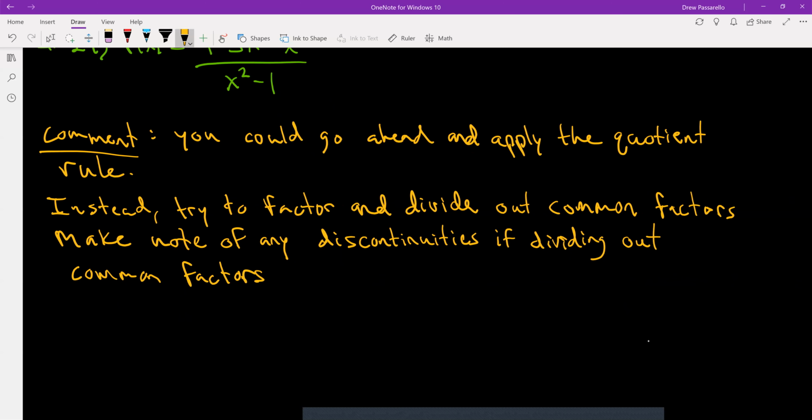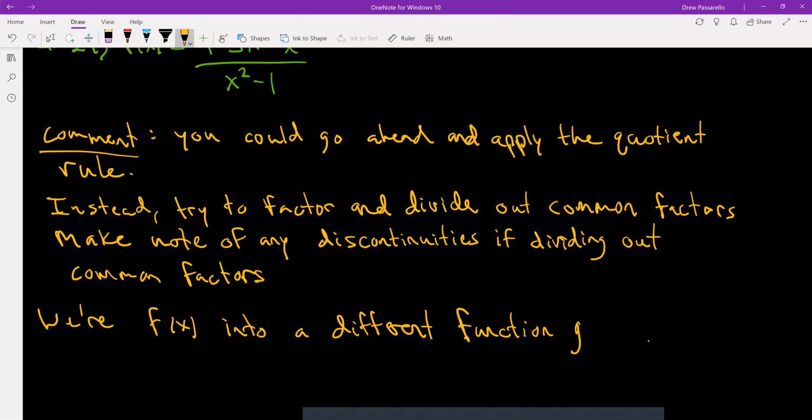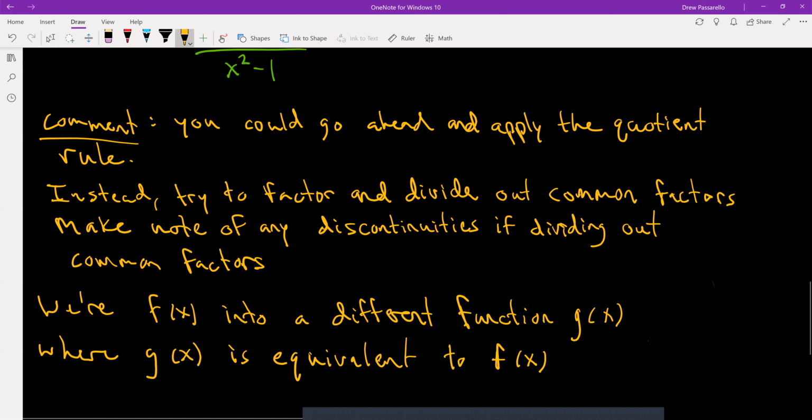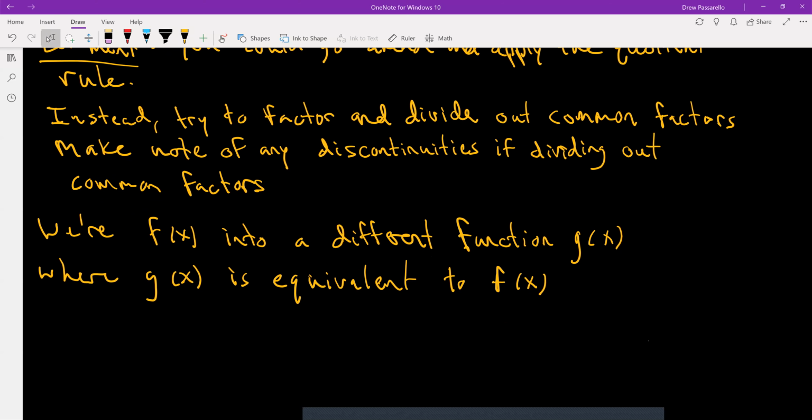So what this does is I'm rewriting f of x into a different function, g of x, where g of x is equivalent to f of x, except at the one point, and that point is the value that they cancel out.